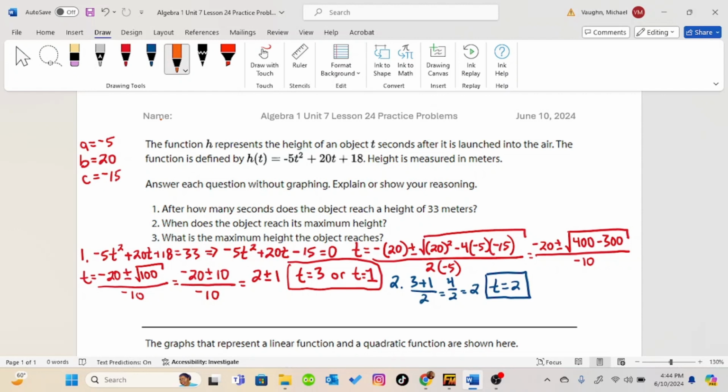And number 3, what is the maximum height the object reaches? Well, now we know the time that it reaches the maximum height, so we're going to substitute this in, and we have h of 2 equals negative 5 times 2 squared plus 20 times 2 plus 18. 2 squared is 4.